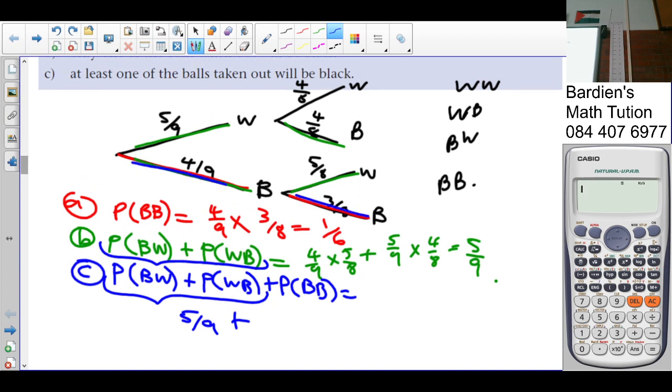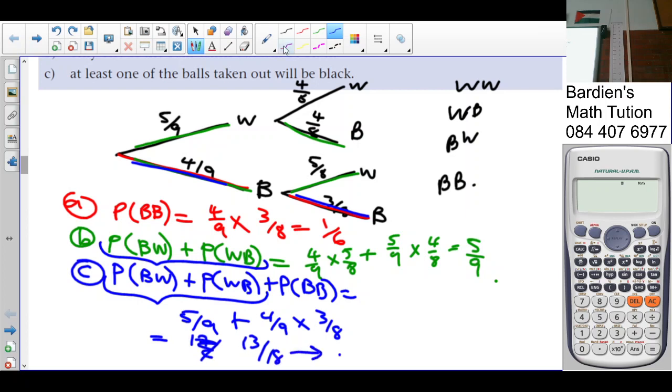Probability of black, black is 4 over 9 times 3 over 8. People, the probability of black, white and white, black, we have worked out already. Not so? So that's why I'm not going to work it out again. So that gives us an answer of 13 over 18. You all agree with that?